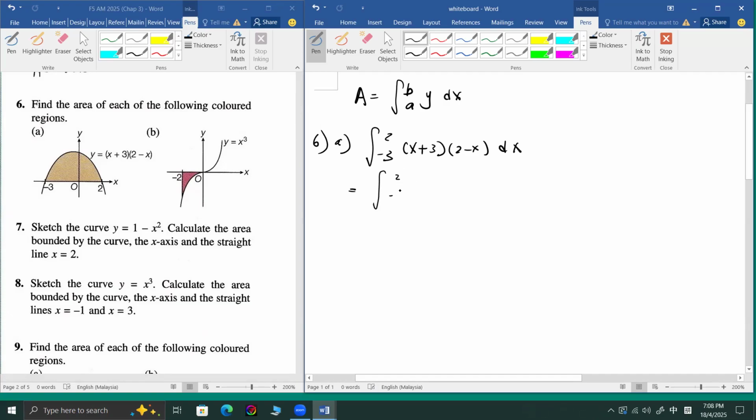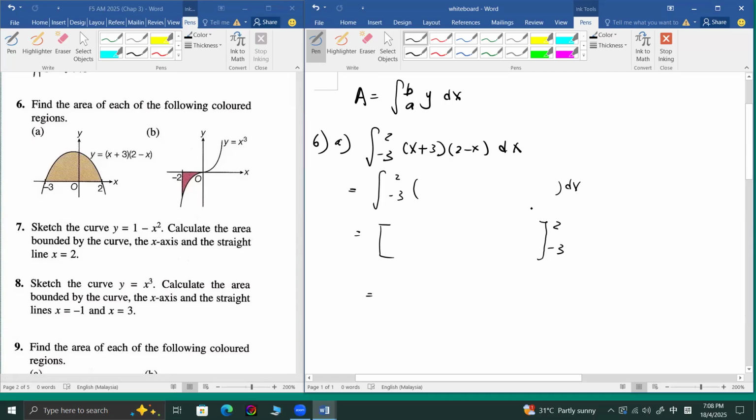Before you expand, it's still in this form. After you expand already, you can start to integrate. And once you integrate, you don't need to put this already. You put a big bracket. And then you substitute like just now. When x is 2 minus when x is -3.